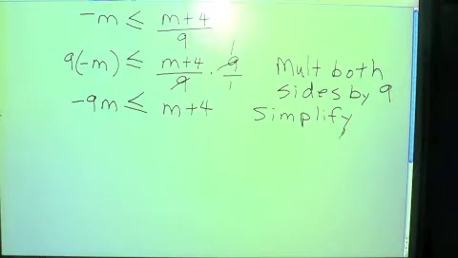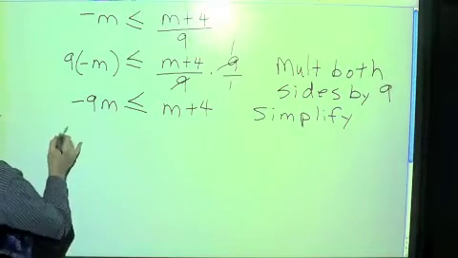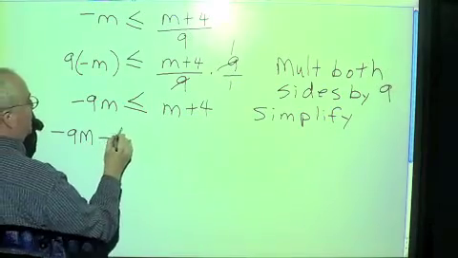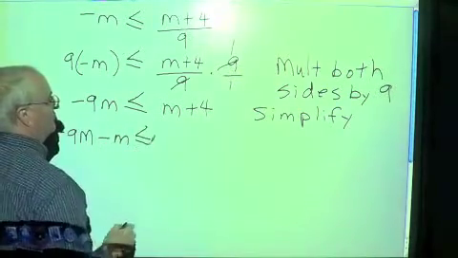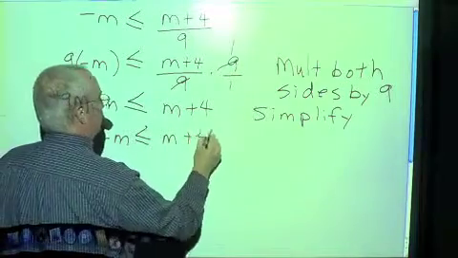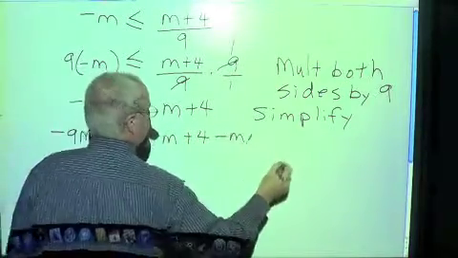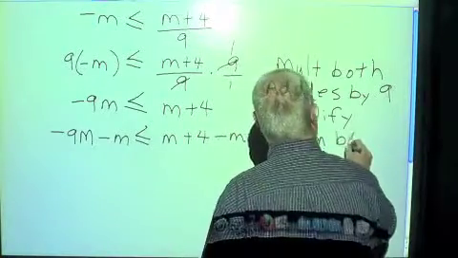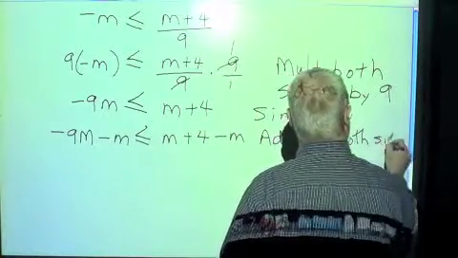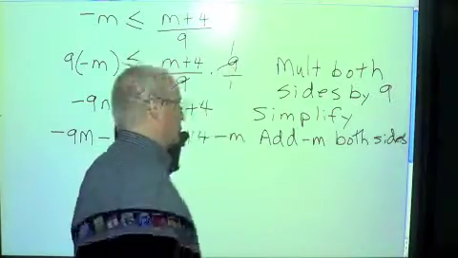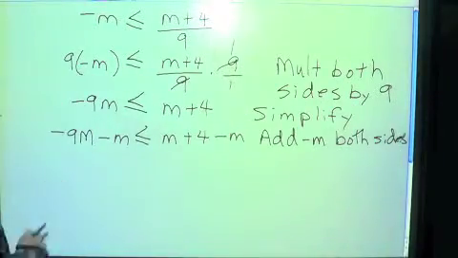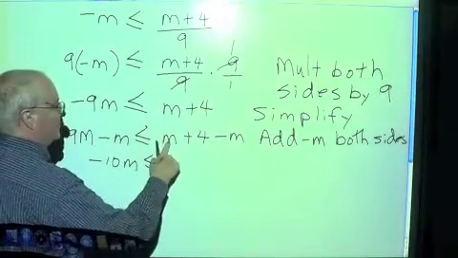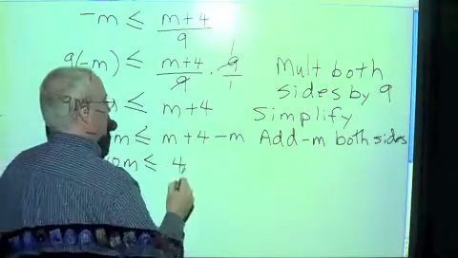That would be an inverse. That would take care of us, wouldn't it? So let's do it. Negative 9m plus a negative m less than or equal to m plus 4 minus m. Add negative m to both sides. Okay? Let's combine. Negative 10m less than or equal to positive m, negative m. We're left with a 4.